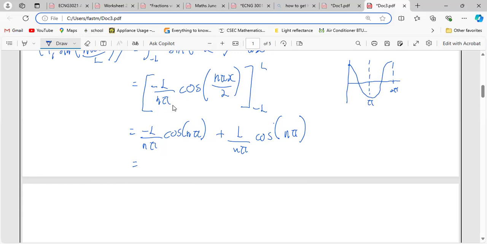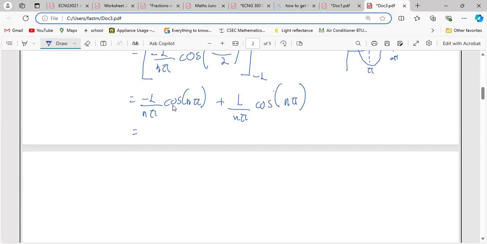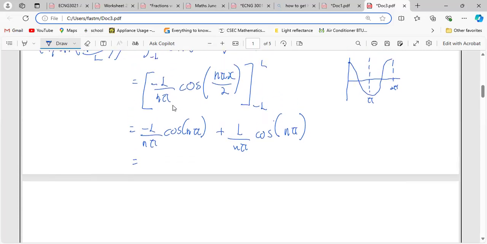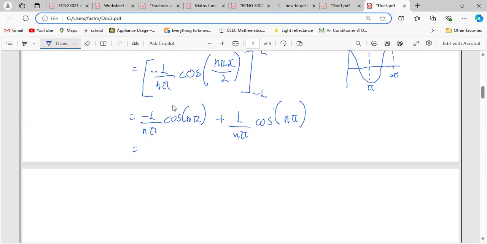But in this case, it doesn't matter what n is here. If it's 1, 2, we end up with 1 or minus 1. But it really doesn't matter if it's 1 or minus 1, because remember, cos is an even function. It's not going to change the sign outside.